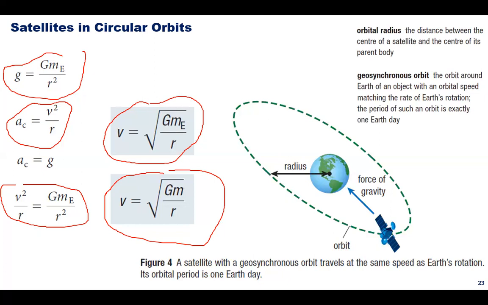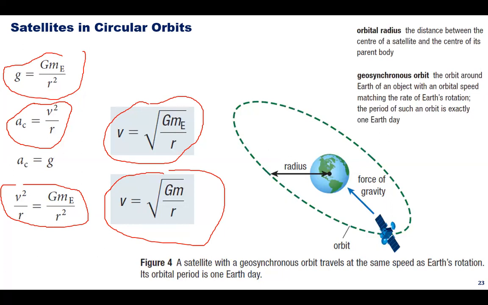A communication satellite in geosynchronous orbit is a satellite orbiting Earth with a speed matching that of Earth's own rotation. Geosynchronous orbit is an example of an artificial satellite with a constant orbital radius, which is shown here in figure 4.